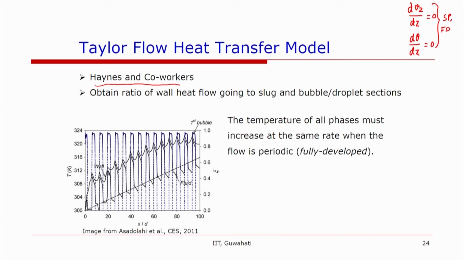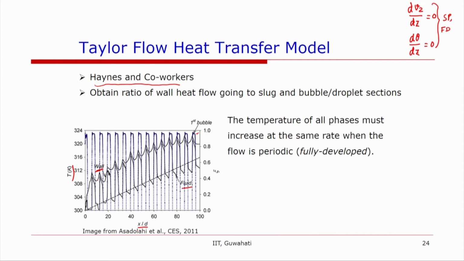So, what we are looking at in this plot is, along the distance, the temperature, and there are two different temperatures plotted: the temperature at the wall of the channel and the bulk temperature of the fluid. This has been done for a number of bubbles, and it is a snapshot in time. One can look at the different bubbles from the inlet, and the wall temperature is changing.